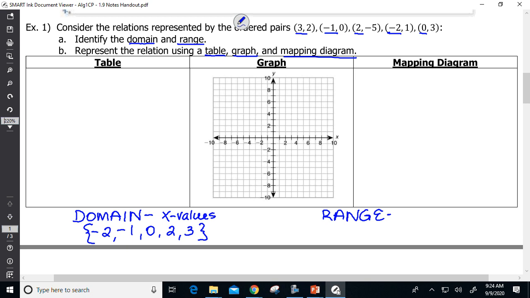Your range is your y values. So you have 2, 0, -5, 1, 3. Once again, put them in numerical order. So -5, then 0, then 1, 2, 3.